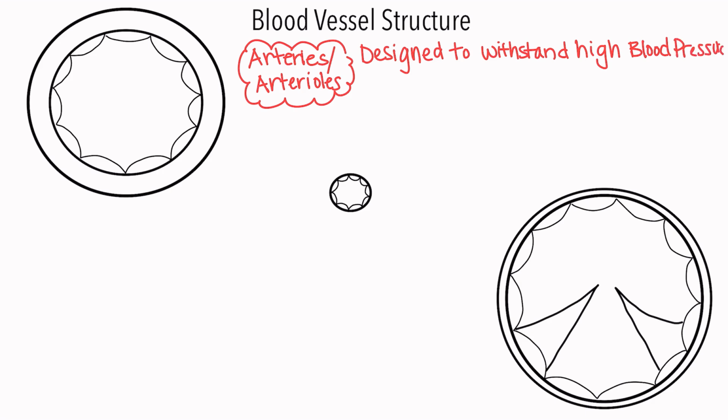I'll show you here on the left. This is the wall of an artery, and what I'm coloring in red is smooth muscle, which is going to be particularly thick in an artery or an arteriole, and that's one of the things that makes them stand out.